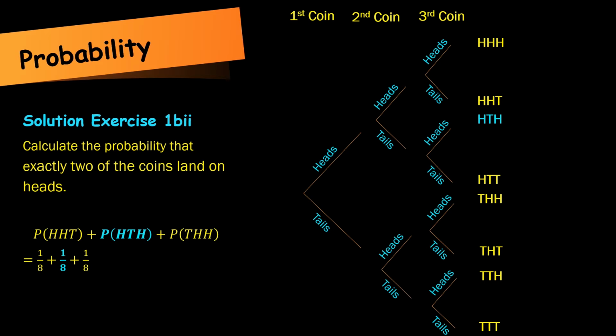Then heads, tails, heads, again the probability of that is 1/8. And the probability of obtaining a tails, heads, heads, and that is 1/8 as well. So we have that the probability of obtaining exactly 2 heads is 3/8.